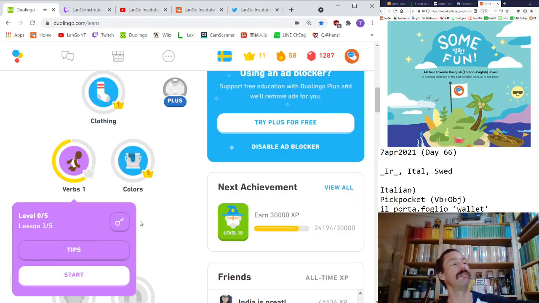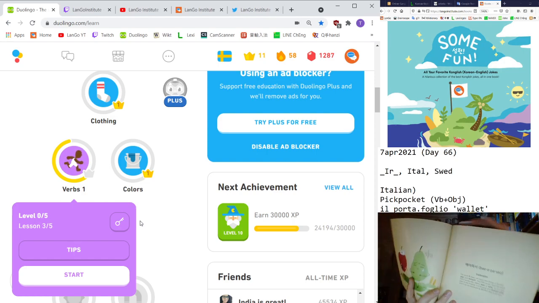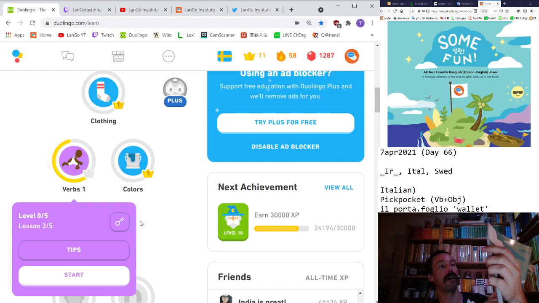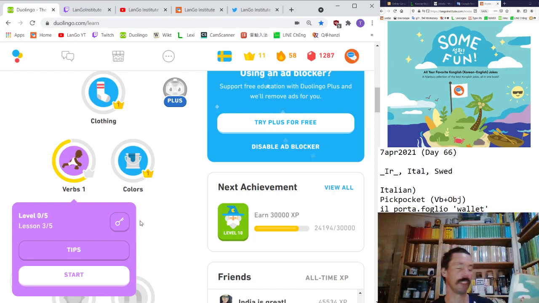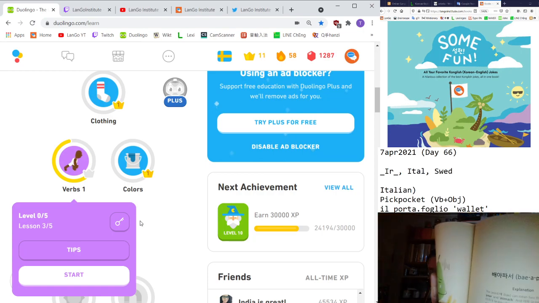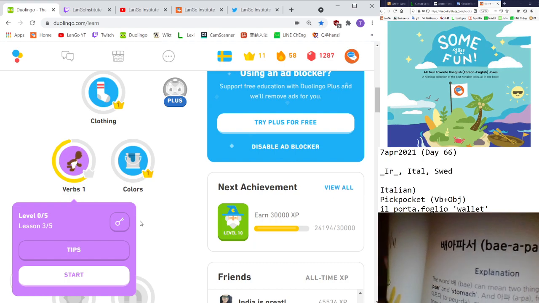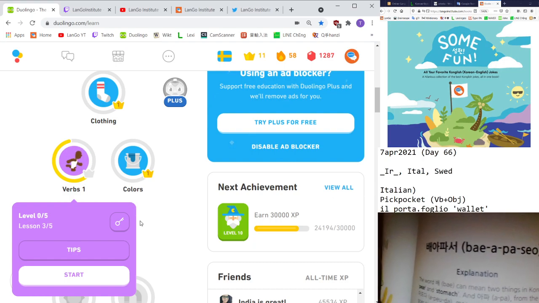Alright, so the answer to the riddle, why did the pear go to the hospital? Pe apaso. Pe apaso is the answer. If you read Korean, there it is.